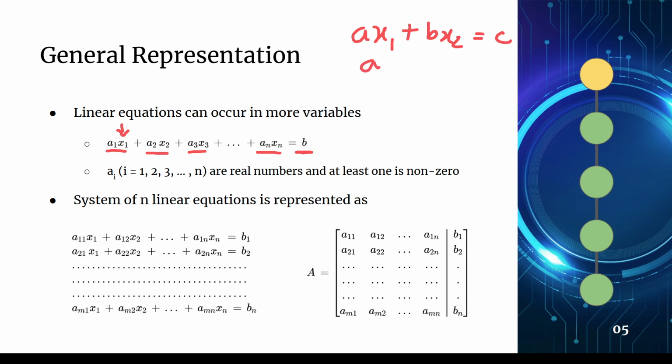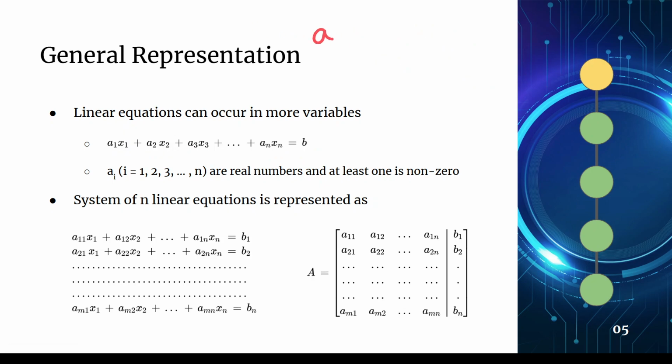We also wrote something like ax1 plus bx2 plus cx3 equals d. Sorry about that, I have to change a little bit to make it concurrent with what we studied earlier.